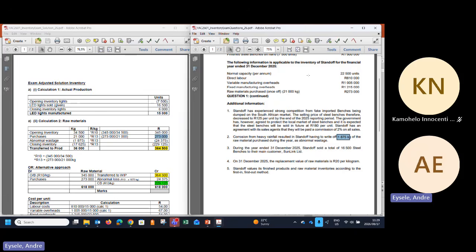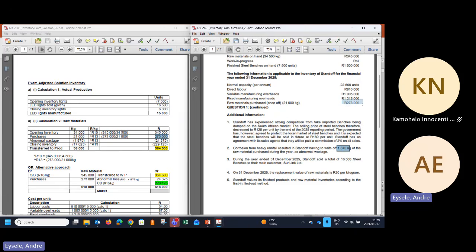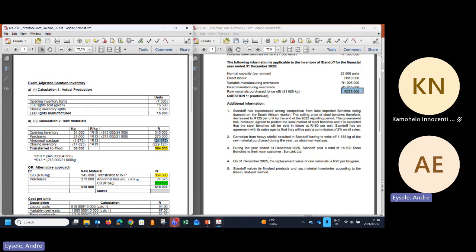How do we value it? From raw materials, 273,000 divided by 21,000 kilograms gives you 13 Rand. That is the value that we can allocate to abnormal spillage. So we deduct 24,375, and then what is the closing inventory?